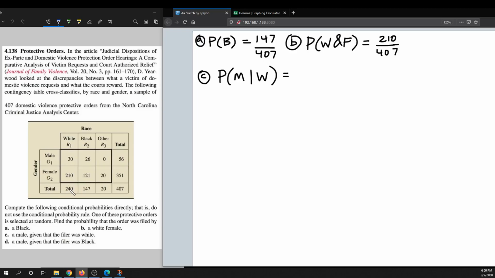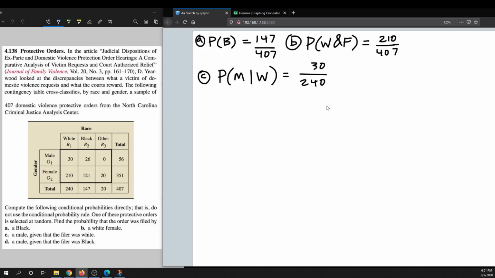So that would be 240, the total number of people there. That would be the bottom number. That's now our sample space. And then what we want to look at is the number of people in the male category who are also in the white category here. So that would be 30, this number right here. We would not count the others, because remember, the top number is how many people are in the event male and also in the event white here. So that would be 30 out of 240.